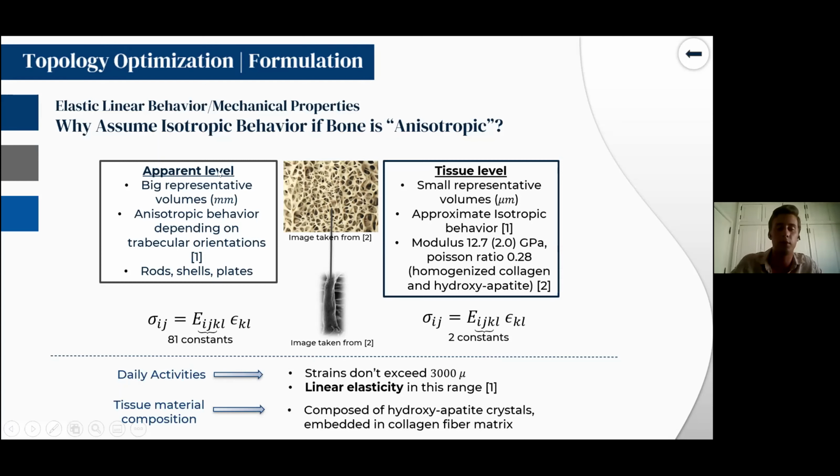If we see bone at a representative volume of the millimeter scale, the mechanical properties really depend on the trabecular orientations that the structure has. But when we look at the tissue level, the bone tissue can be approximated with isotropic mechanical properties, which is very important in this model assumption that we've been making here.